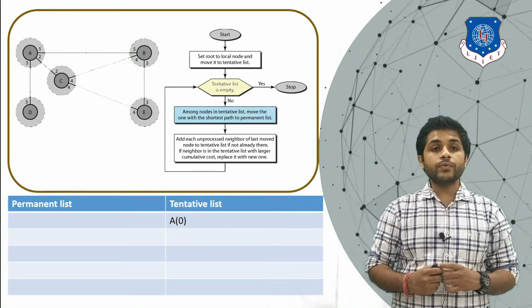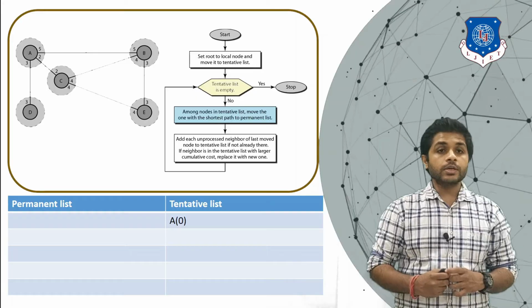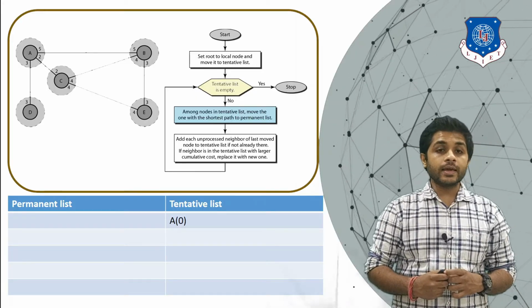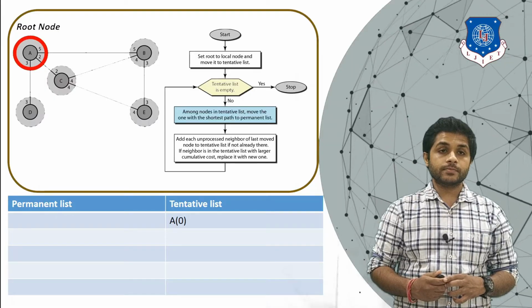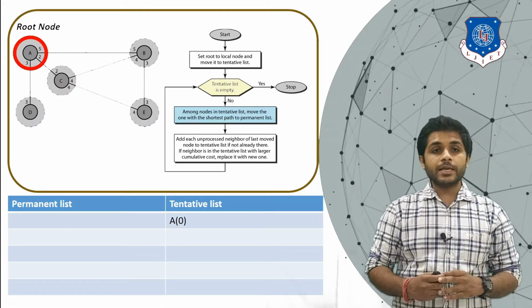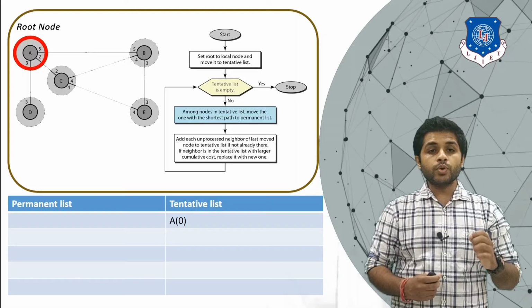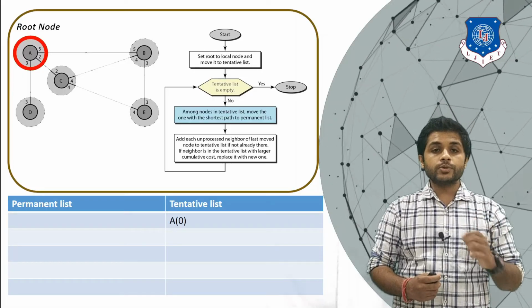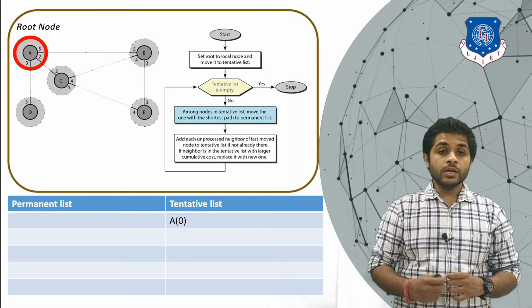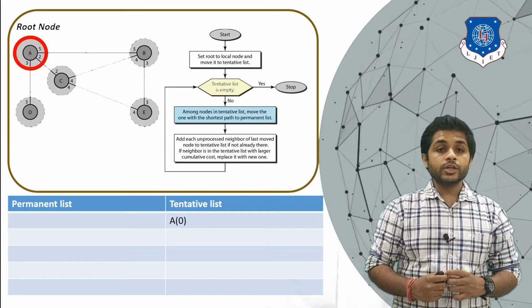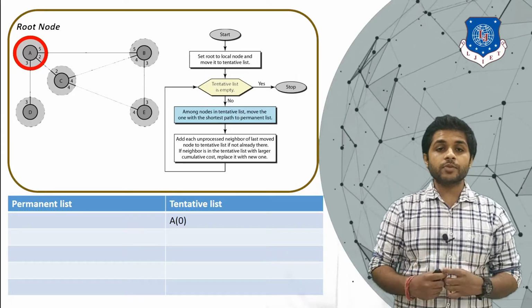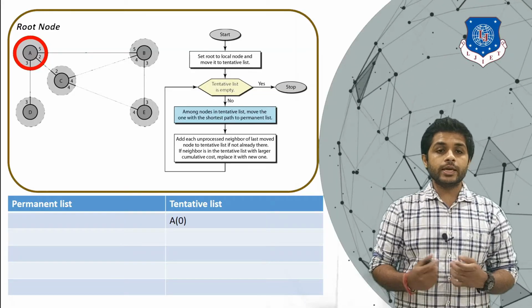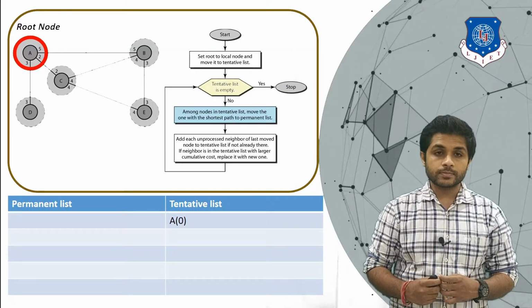So right now we want to find the shortest path tree with respect to router A. So the root node is the device A. The value in the bracket shows the distance from device A. So the distance from itself is 0, so A0 is written in the tentative list.